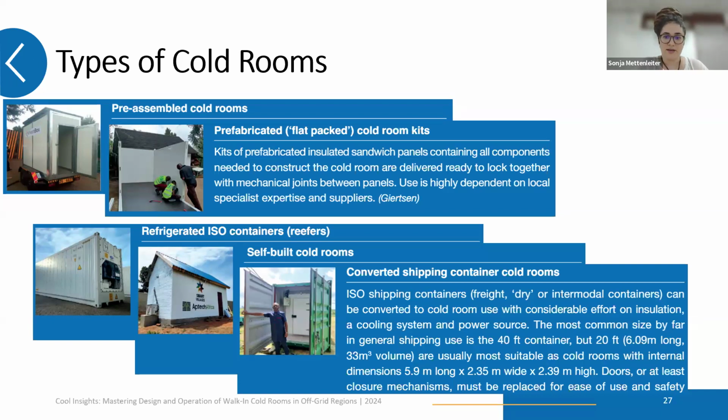That means insulation has to be added, most of the time on the inside of the containers. Then that insulated inside, at best, needs to be covered with a food-proof paint. And of course, the cooling unit needs to be added.